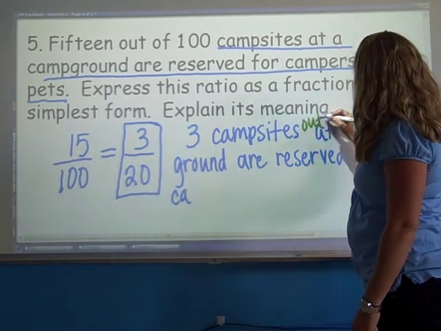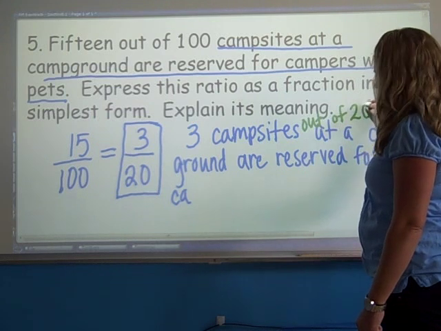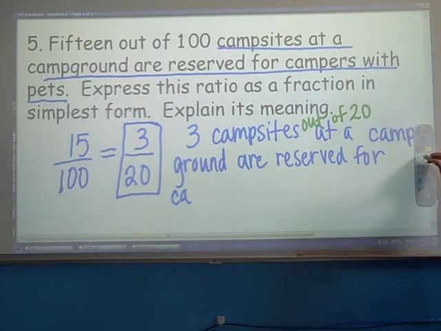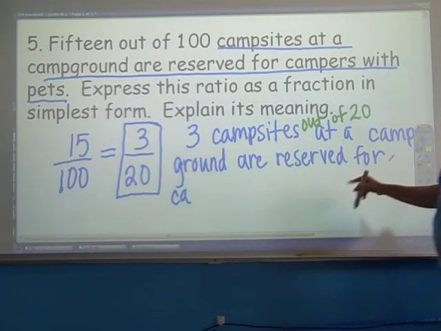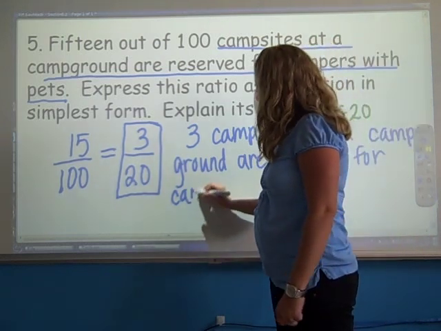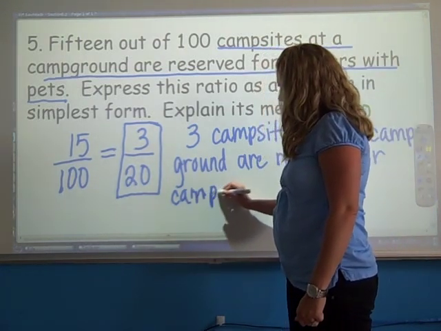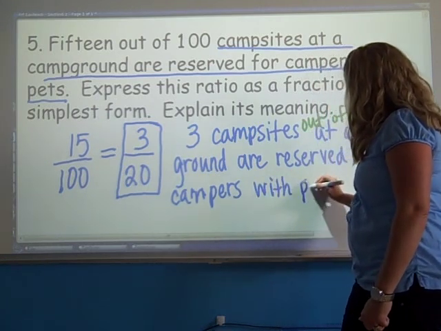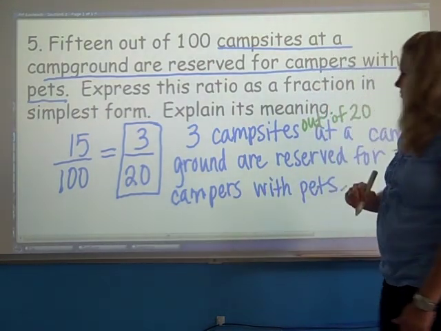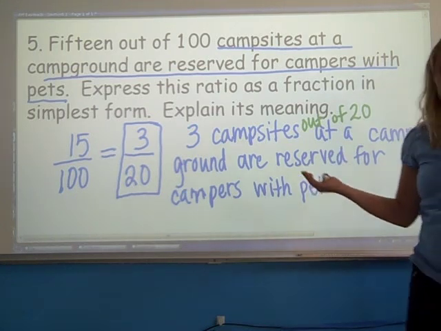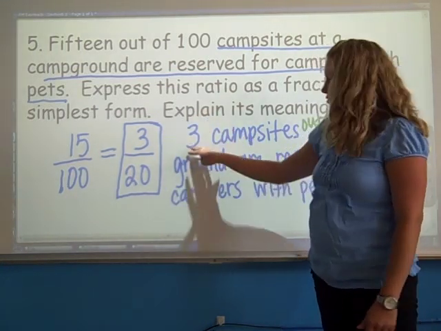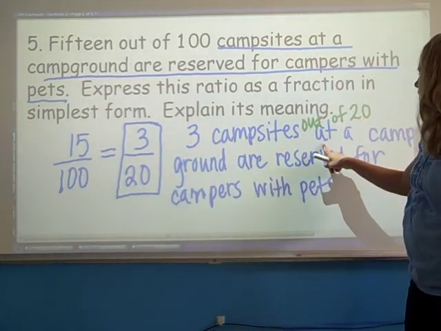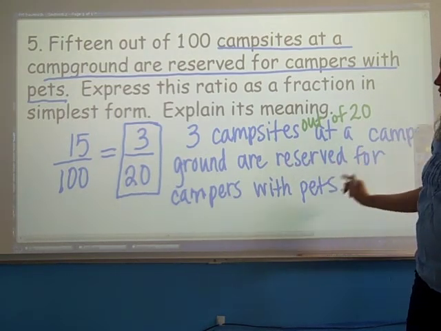Out of 20 at a campground are reserved for campers with pets. And that would be your explanation of what your ratio means. So 3 campsites out of 20 at a campground are reserved for campers with pets.